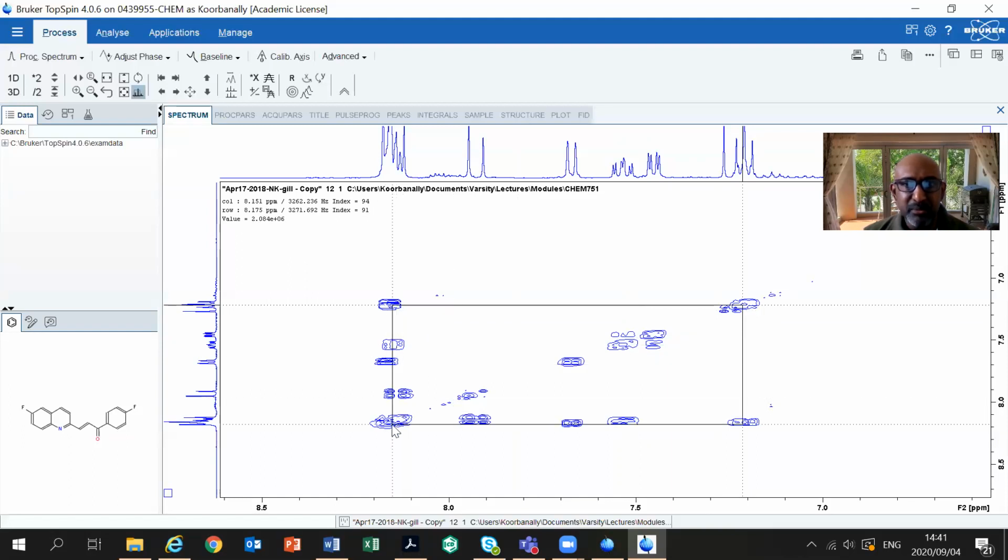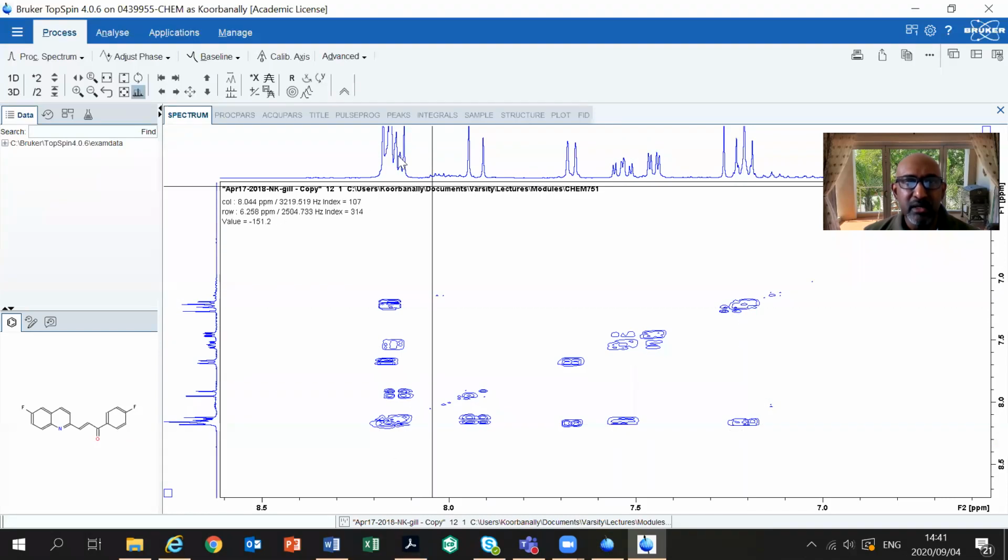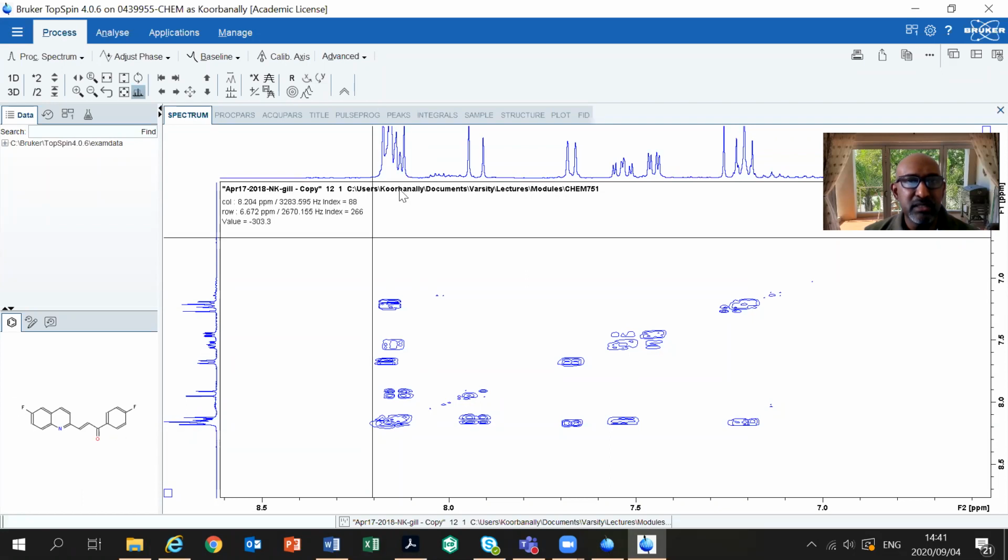That proton must also be in this noise, right? You can see there are my cross peaks here, and you can see it's coupled to something that's in the noise as well. So it's coupled to something in the noise here, which means that the double doublet for these protons must be in this region here. I don't see the double doublet nice and clearly because it's coupled into the noise.